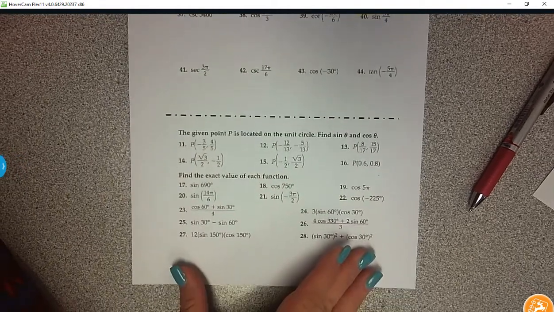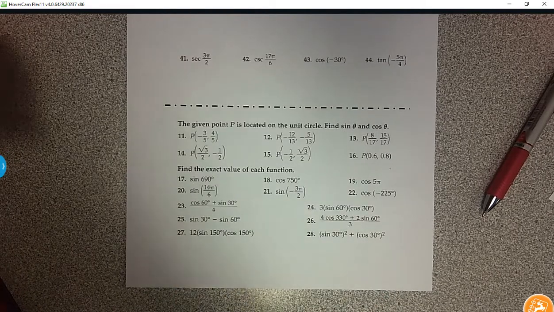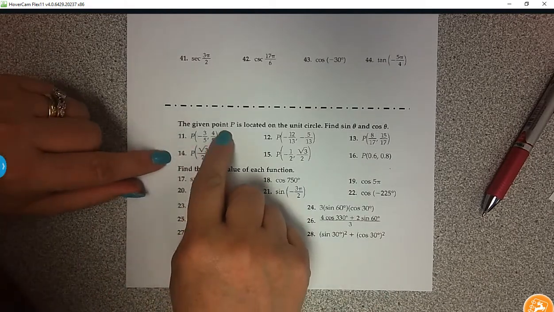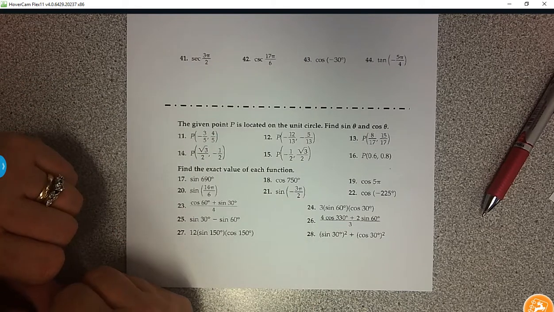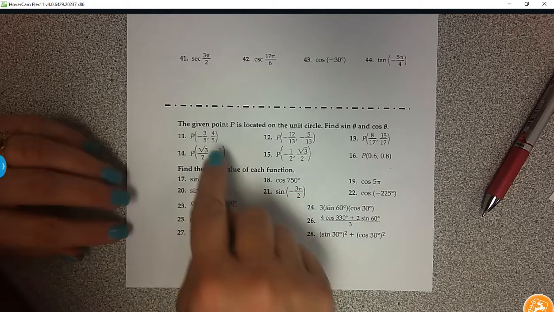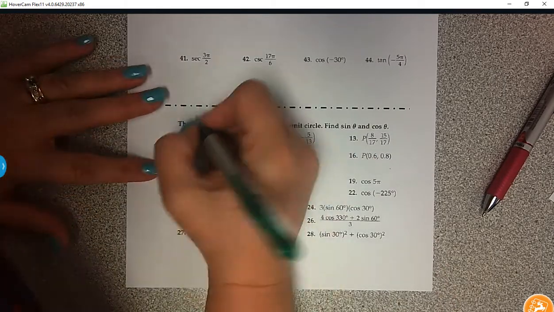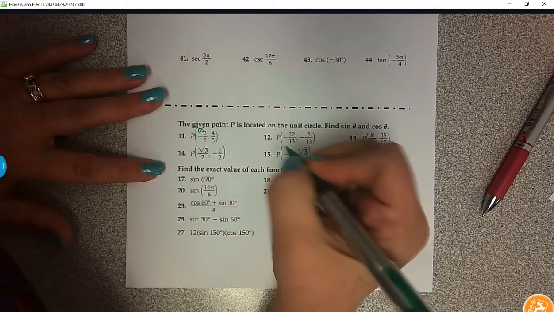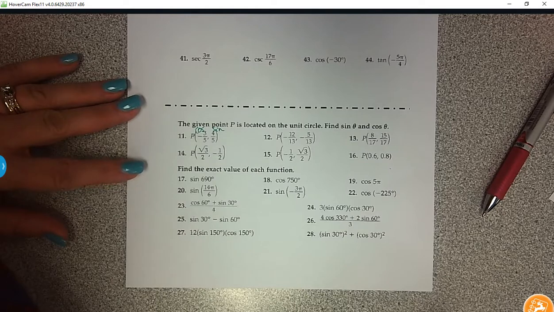Okay. So now, down here at the bottom, some of these are worded a little bit differently. It says the given point P is located on the unit circle. Find sine theta and cosine theta. Well, because all of these points are on the unit circle, your x value is your cosine, your y value is the sine for each of these.